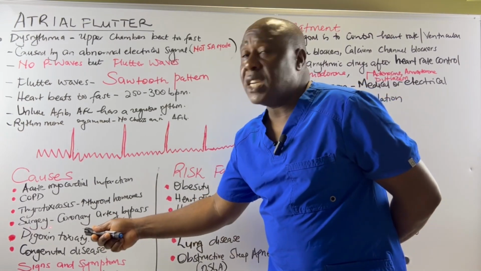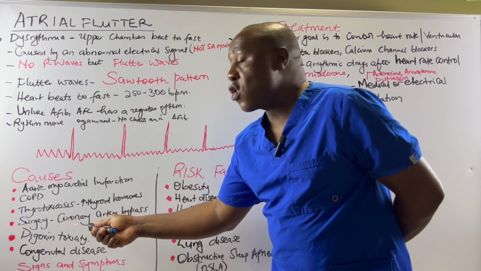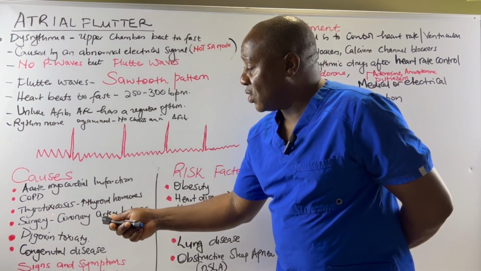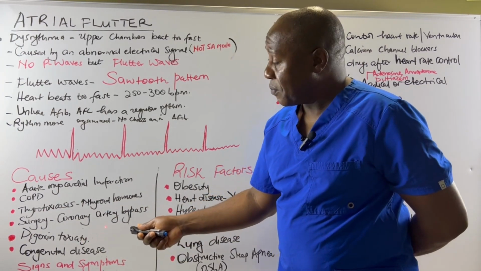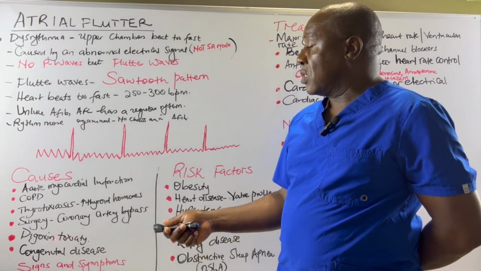We also have surgery. Patients undergoing cardiac surgery, for example coronary artery bypass, may develop atrial flutter. We have digoxin toxicity. Patients could enter into atrial flutter as a result of digoxin toxicity.